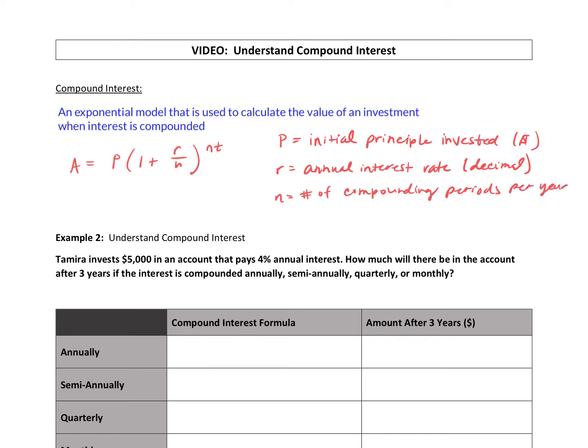And then T is the number of years. And A, the whole thing, is the value of the account after T years.